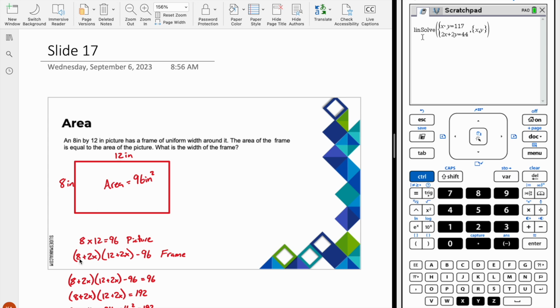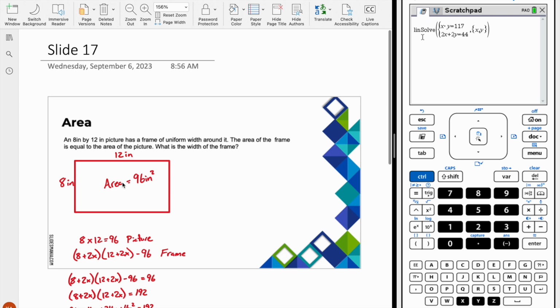This is the exact reason why we have 8 plus 2x. Notice it would be an inch on this side and an inch on this side. That's why we have 2 times that size. On the opposite side, for the length, we have 12 plus 2x.